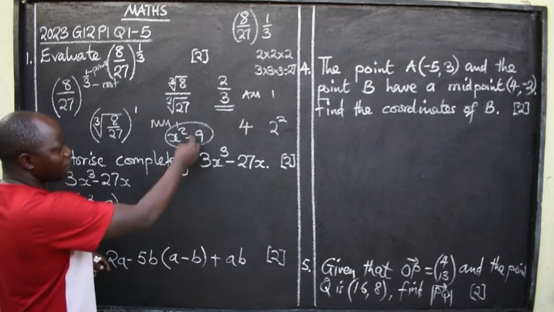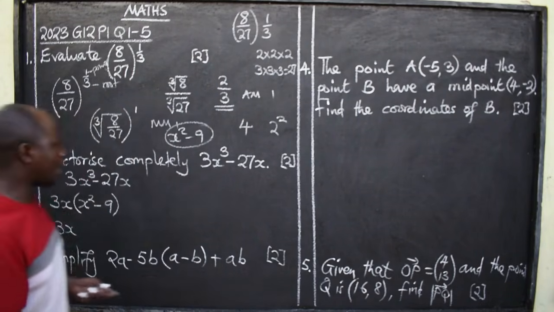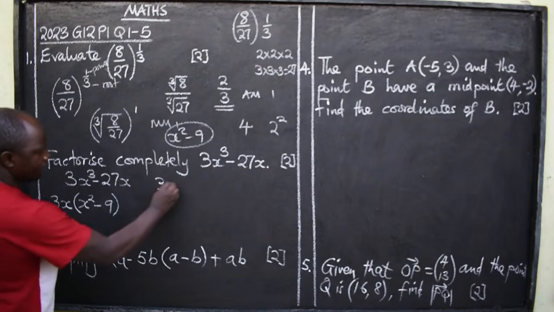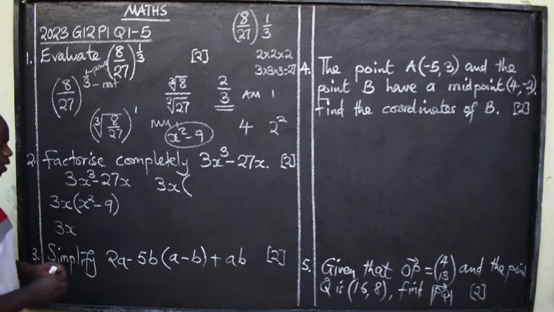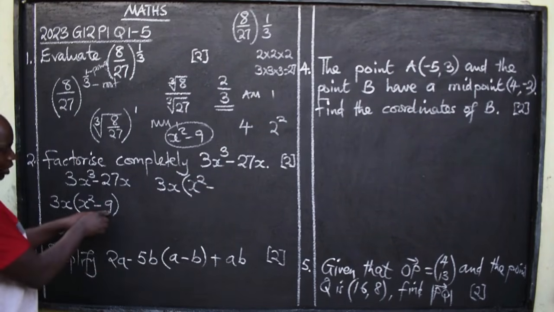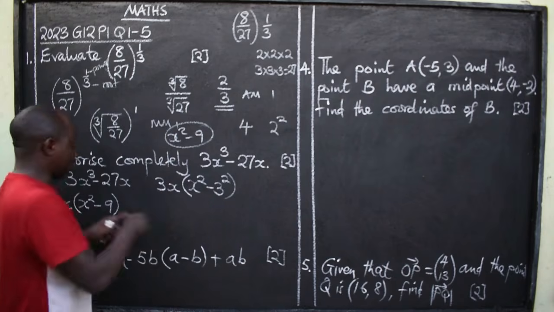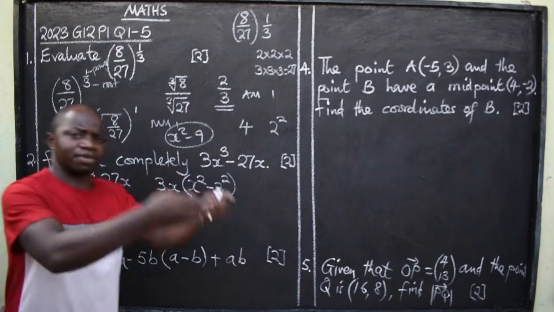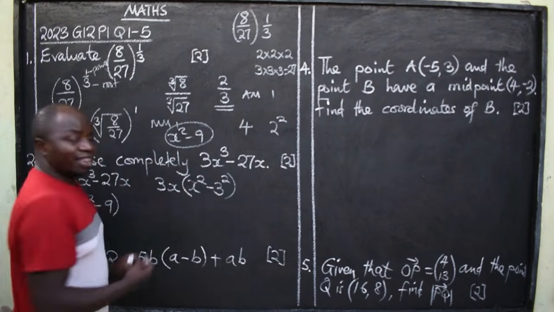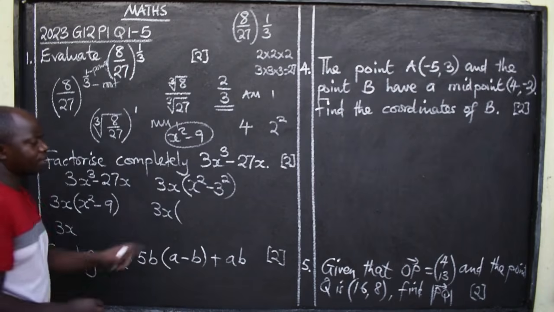So I'm going to change where there's 9, I'll express it in square form. How? I'll be able to say x squared minus 3 squared, because 3 squared is 9. That is 3 times 3. At this point, you'll be able to write x the way it is.